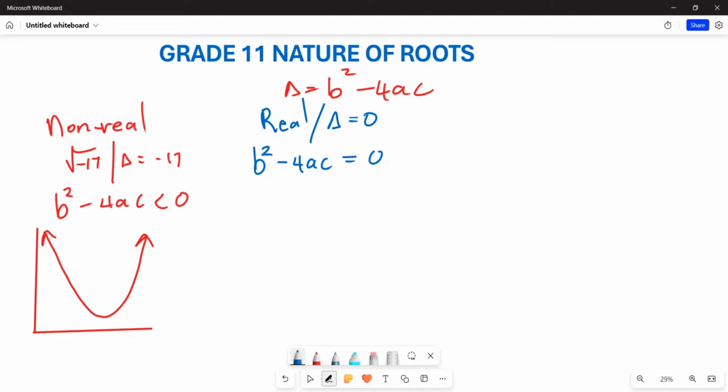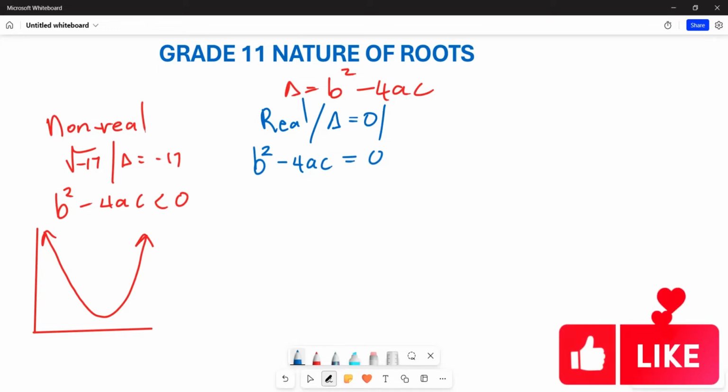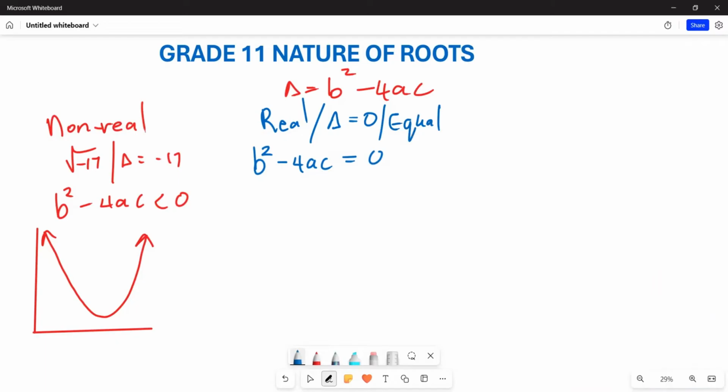Now, this can be known as real, or sometimes they say you find out where your roots are equal. When your roots are equal, they still mean real, or sometimes they use the word rational, right? The words real, rational, or equal still just mean where your delta is equal to 0.